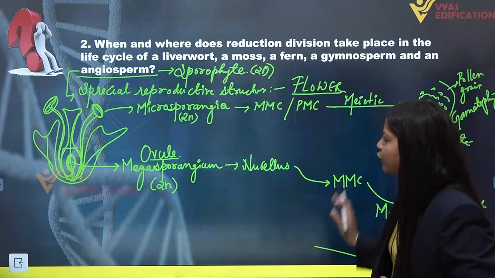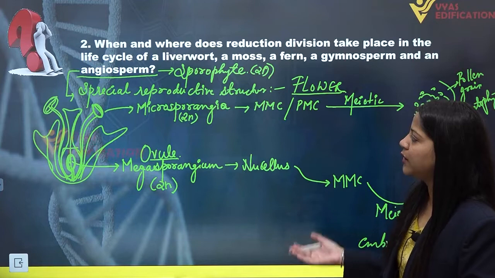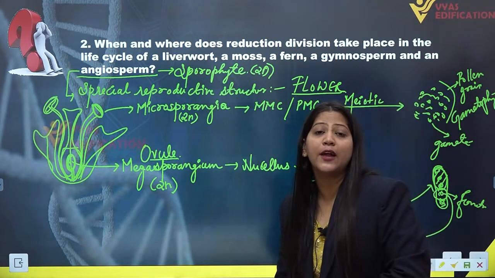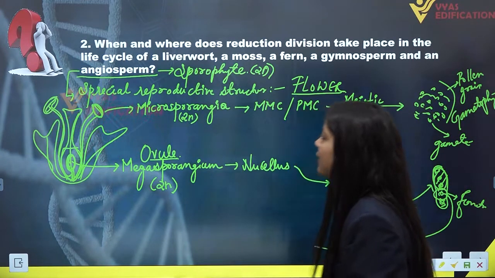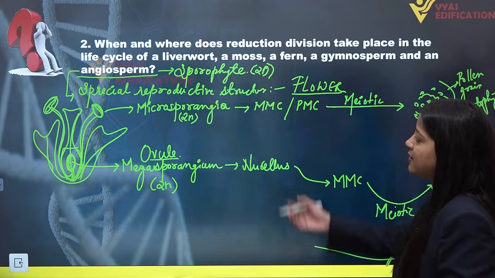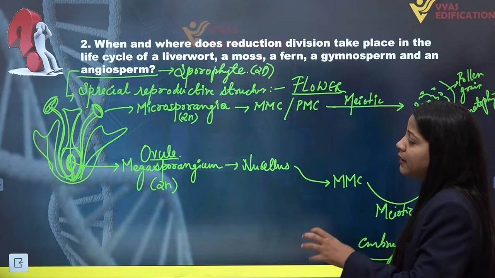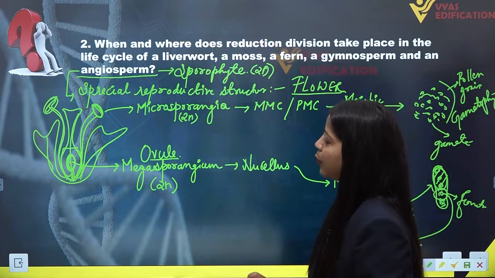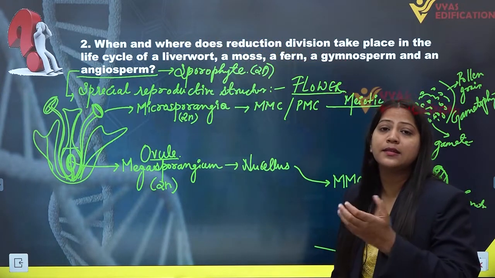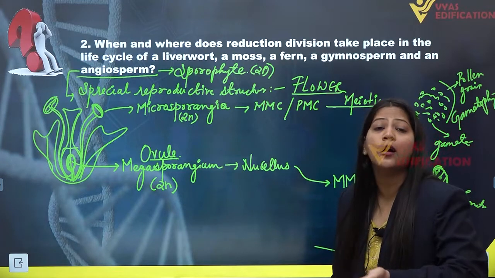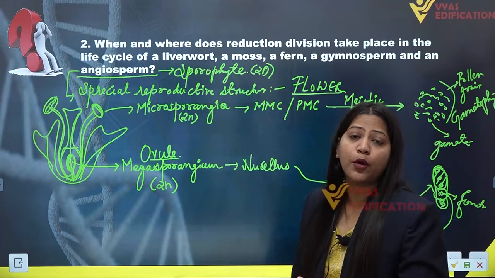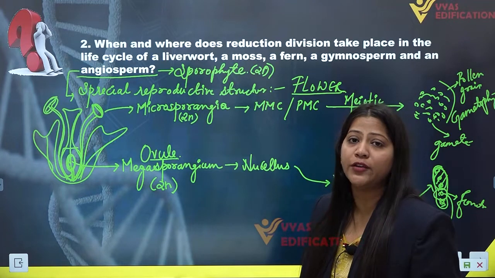So from this overview we can conclude that in angiospermic plants, the reductional division is taking place inside the microsporangia and megasporangia only, but megasporangia and microsporangia are present inside the flower, which is a reproductive structure in case of angiosperms.